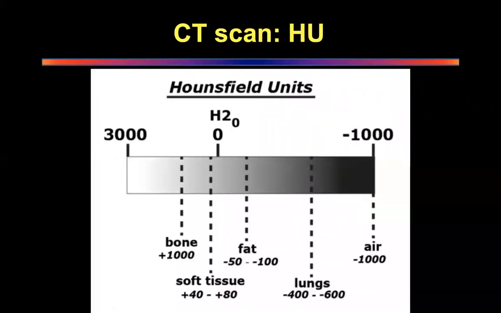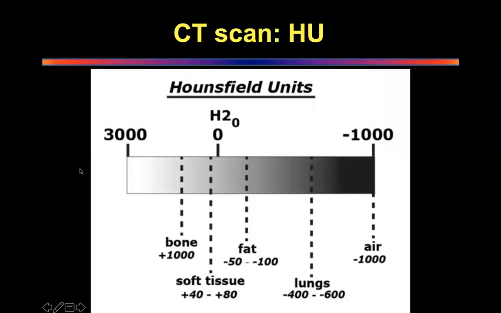Now, CT scans are read in a unit called Hounsfield units. Hounsfield units run from -1000 to +3000. These are actually white to black and all shades of gray.